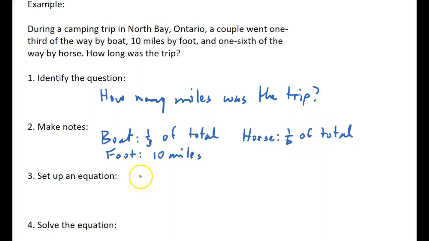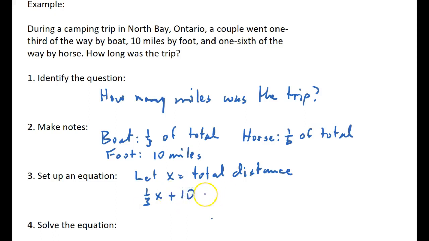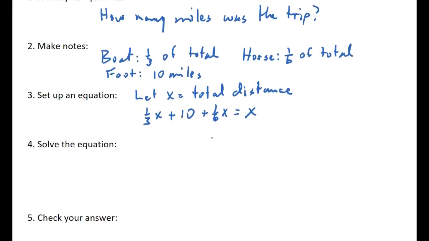So let's set up an equation. Well, let's let x equal the total distance. That means 1/3 of x is how far they went by boat, plus 10 miles by foot, plus 1/6 of x will equal the total distance. So there's our equation. Now it's time to solve it.